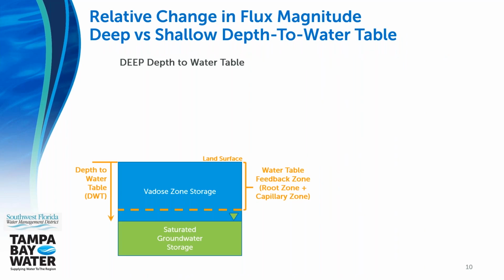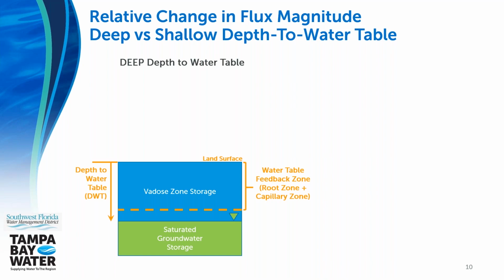Now it's instructive to take a look at the differences in fluxes between deep versus shallow depth to water table conditions. The blue box that you see on the screen shows vadose zone storage. At the top of the box is land surface.